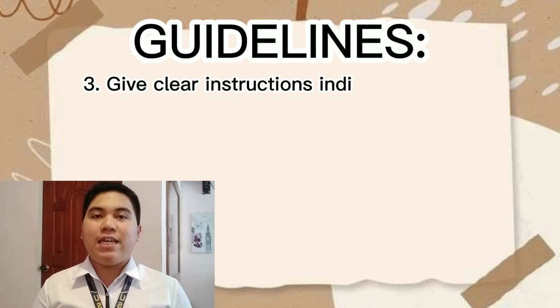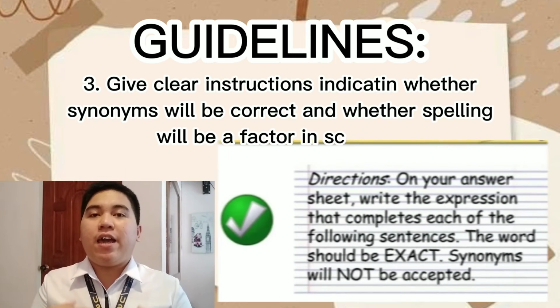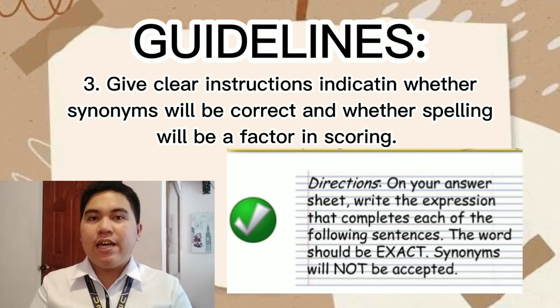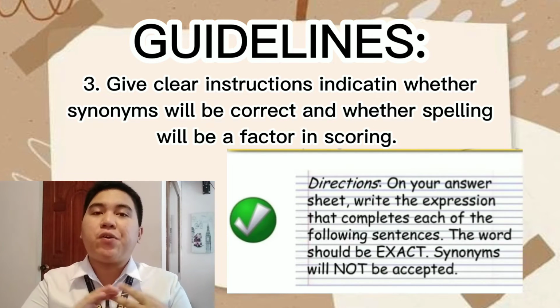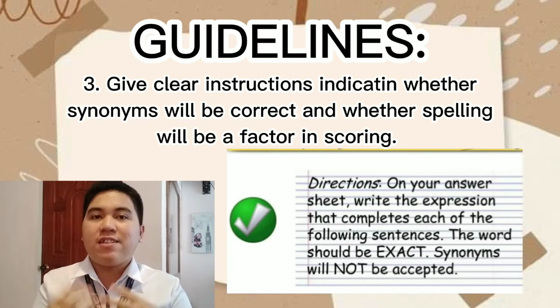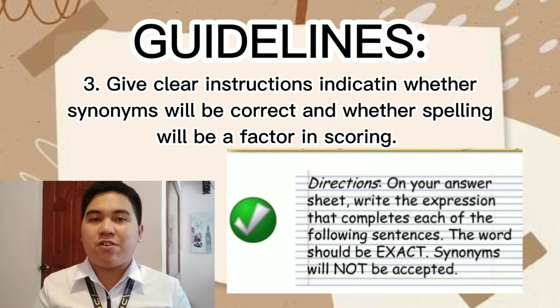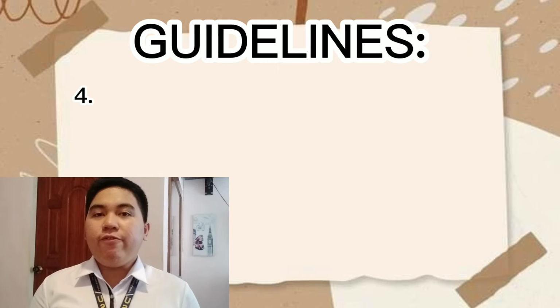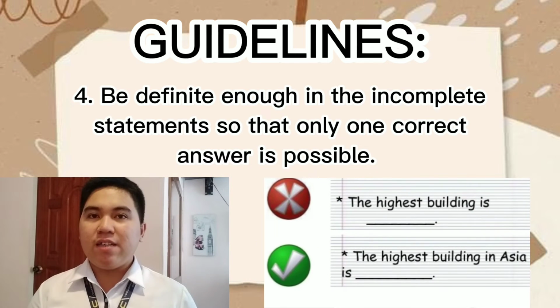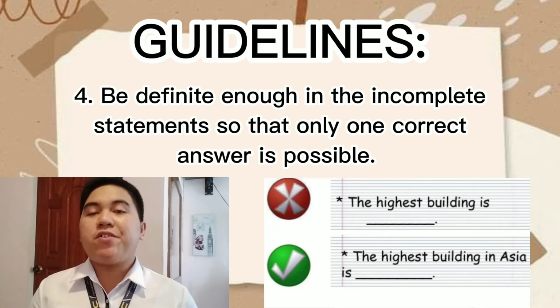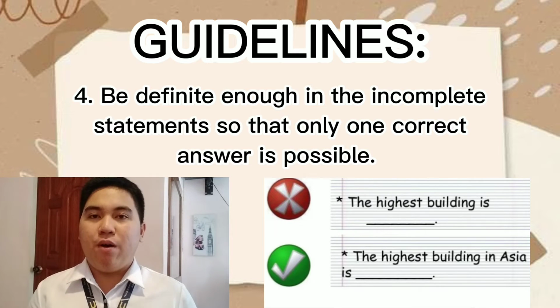For number 3, we should give clear instructions indicating whether synonyms will be correct and whether the spelling will be a factor in scoring. Number 4, we should be definite enough in the incomplete statements so that only 1 correct answer is possible.